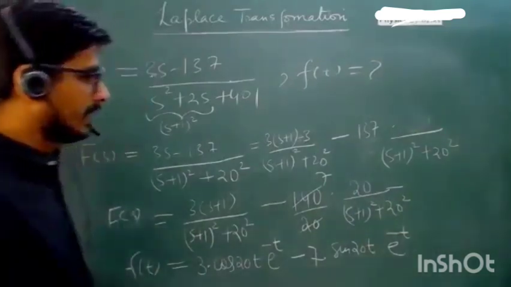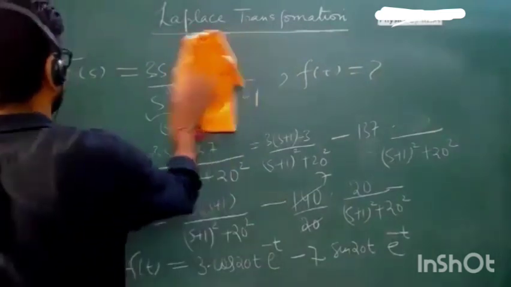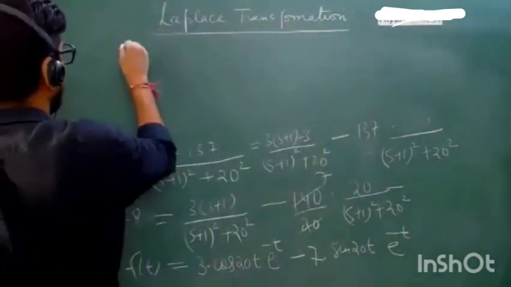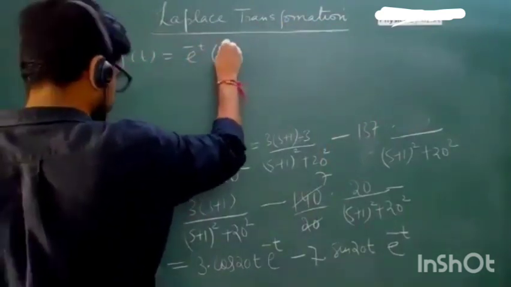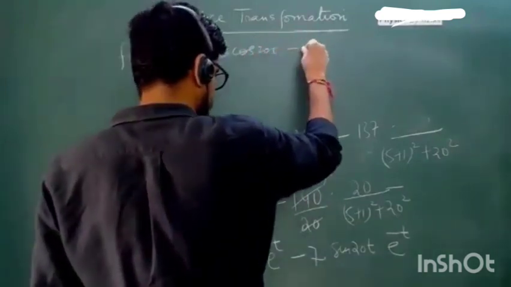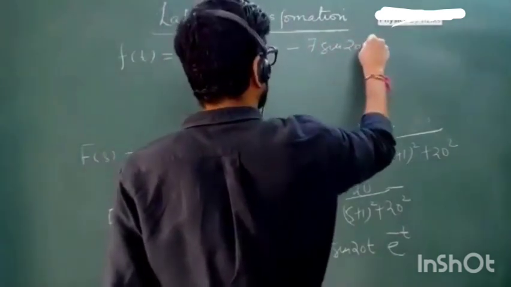So you can plot this also if you want. The f of t can be plotted because f of t is like this: e to the power minus t, 3 cos 20t and minus 7 sine 20t.